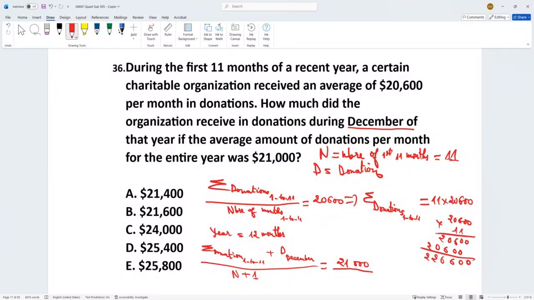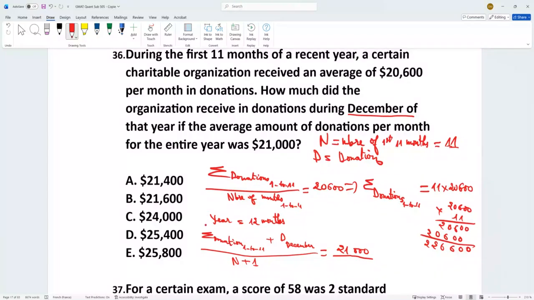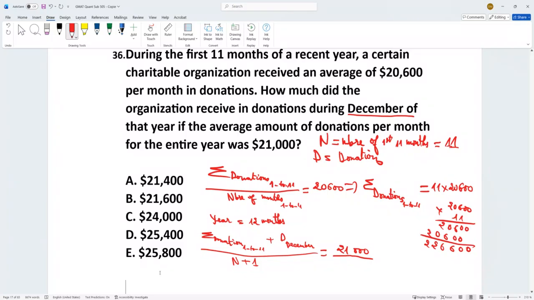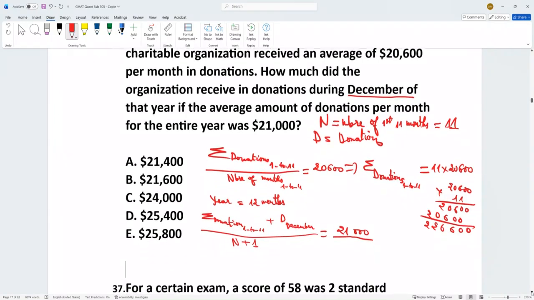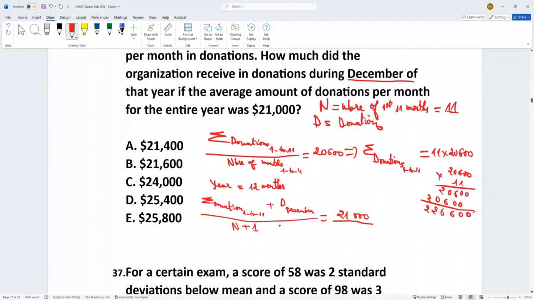So we will cross multiply, and this will lead us to have the donation in December equal to 12 times 21,000 minus 226,600.